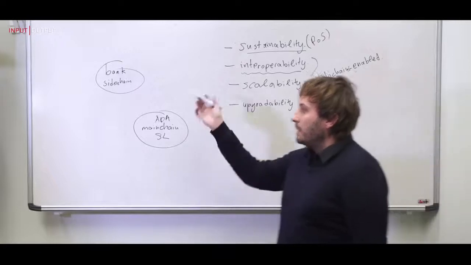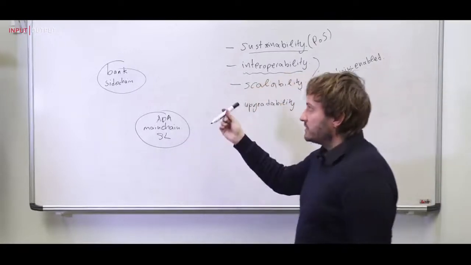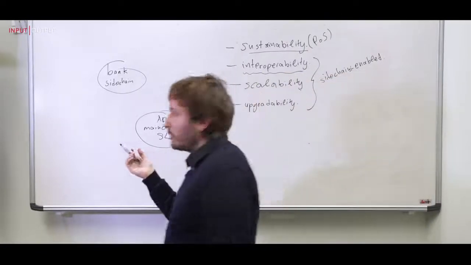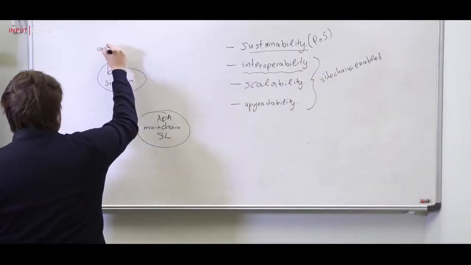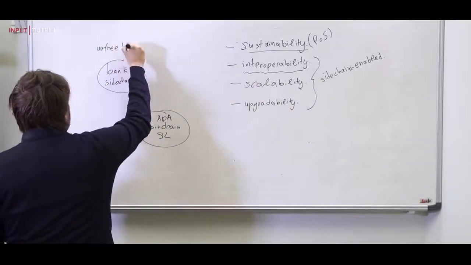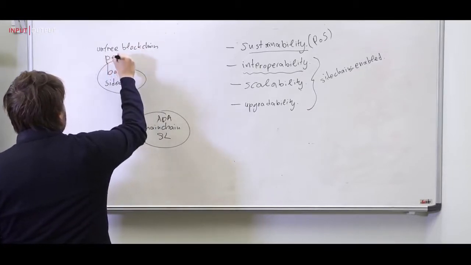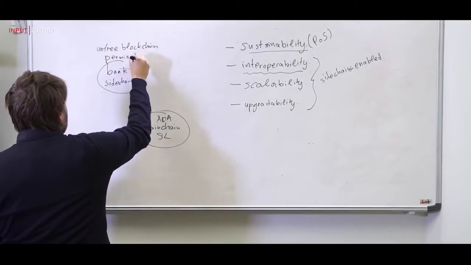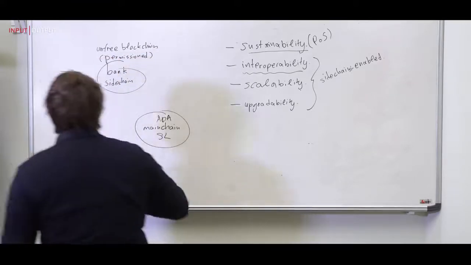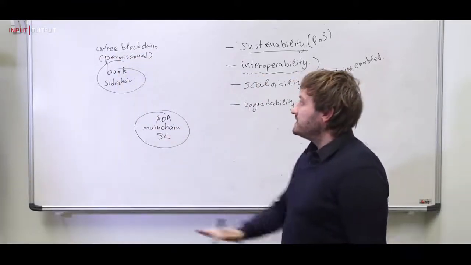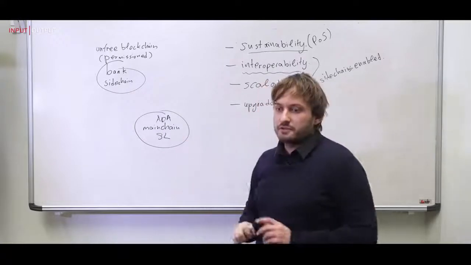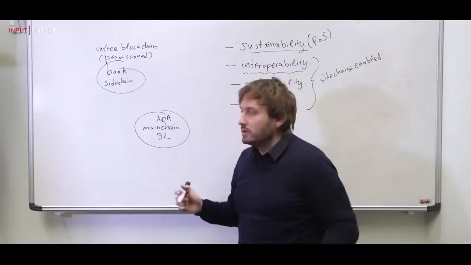However, there have been organizations that have created unfree blockchains. So this could be an unfree blockchain, meaning a permissioned blockchain. And these are useful for certain applications and to some people.